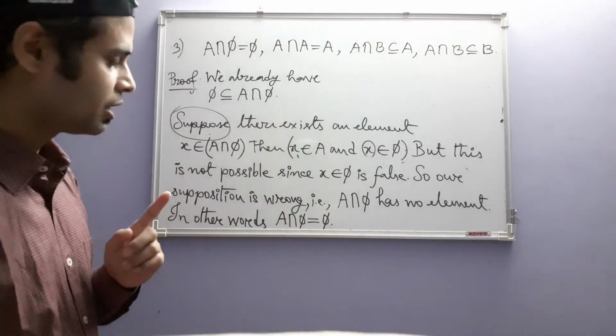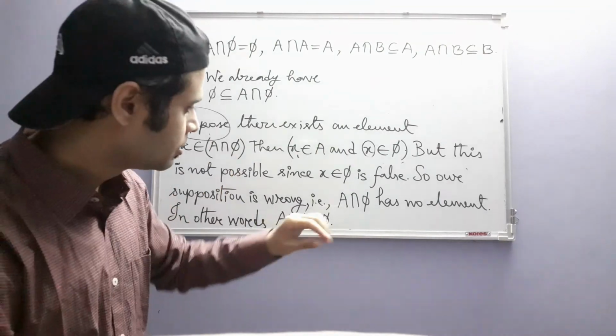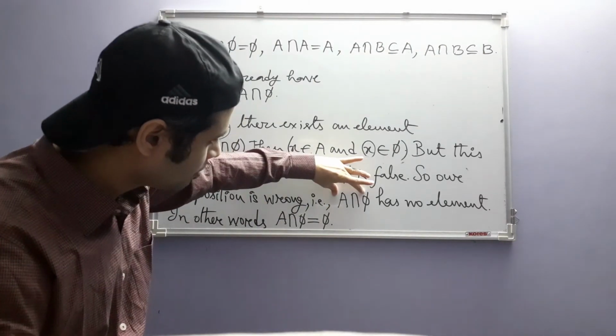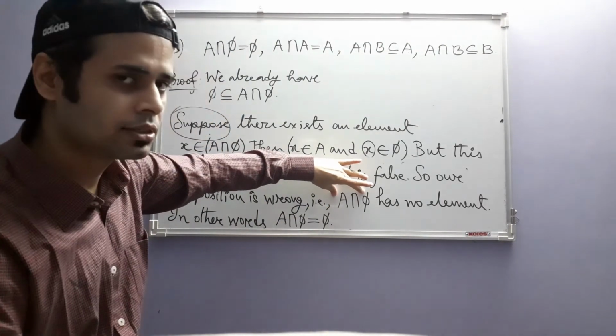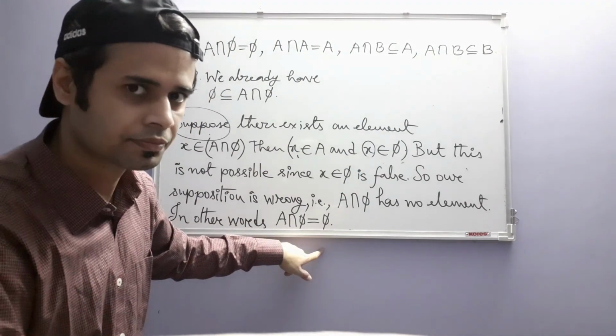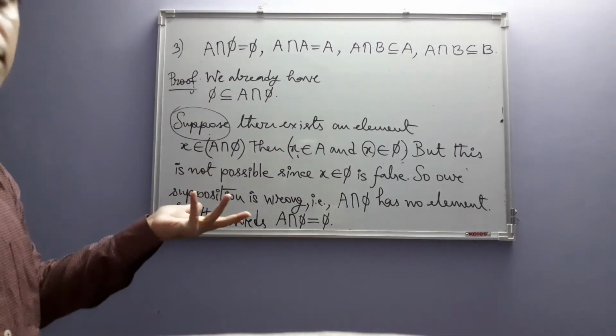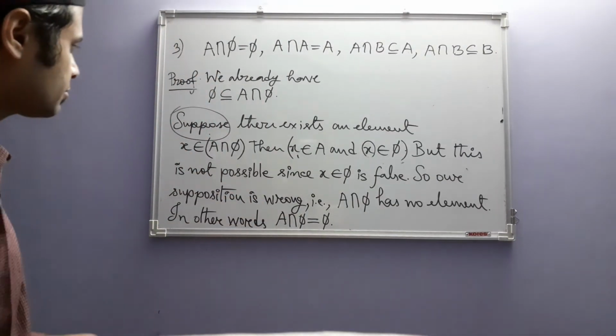Do you remember we have proved that there is only one empty set? So we have proved that this is an empty set. But since there is only one empty set, this set has to be that empty set. Okay, so that lemma, unknowingly we are using that.